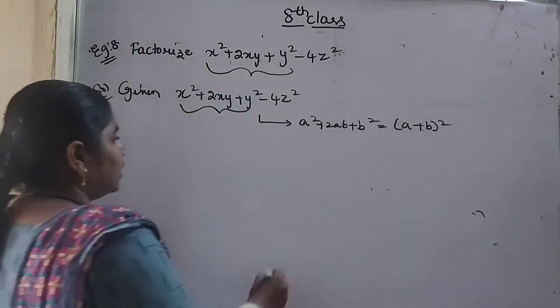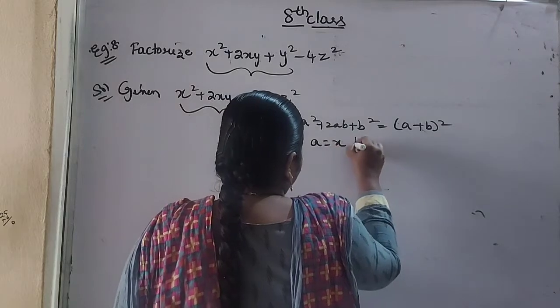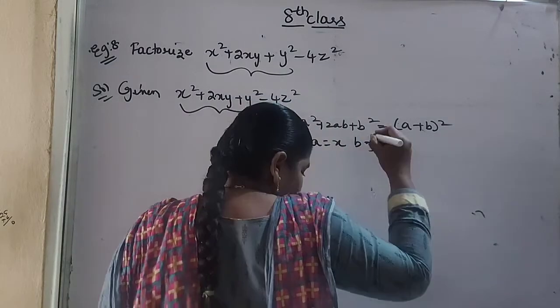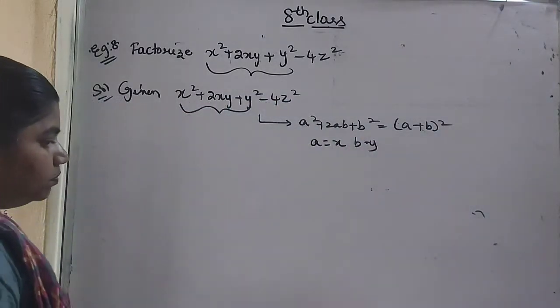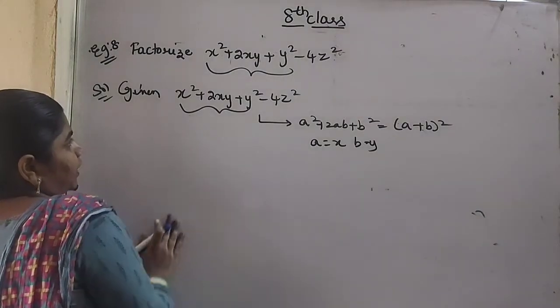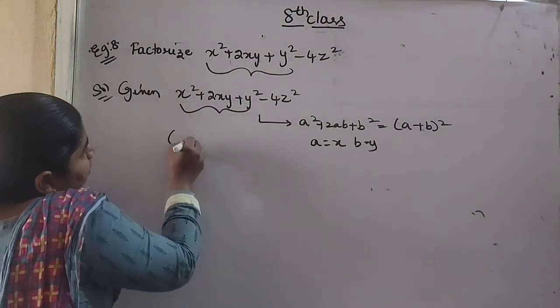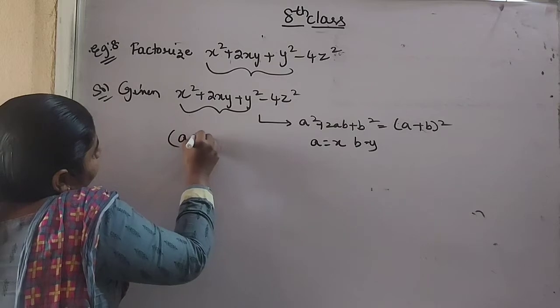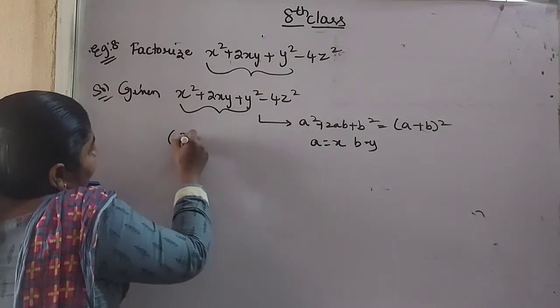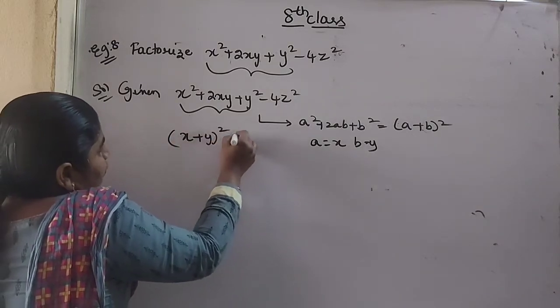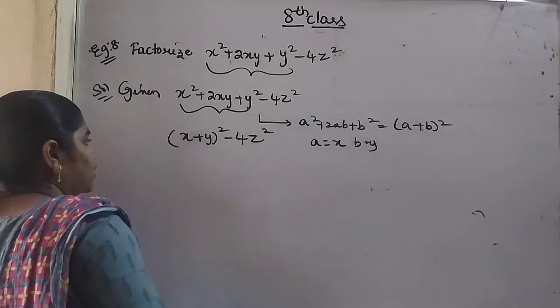Here a is the x value and b is the y value. So we can write this as x plus y whole square minus 4z square.